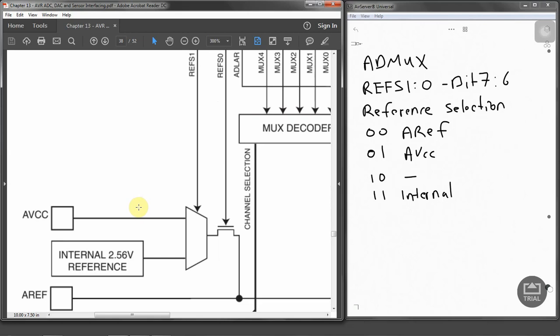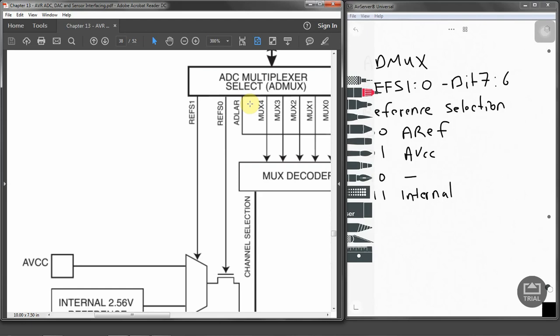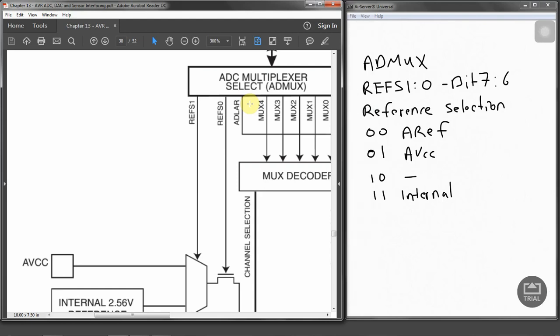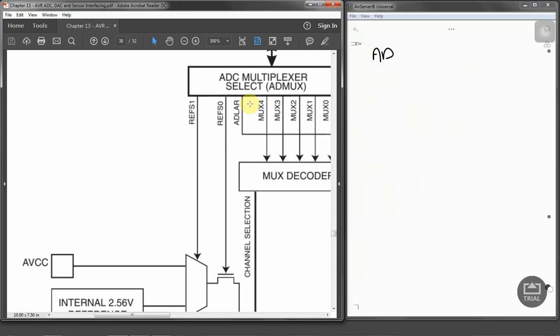The next thing that we are seeing is the ADLAR. ADLAR is another bit in the register ADMUX, which is bit 5, and this is actually adjusting the results.